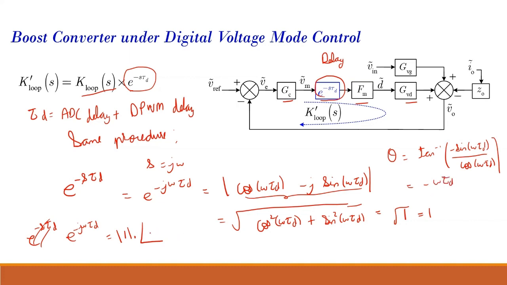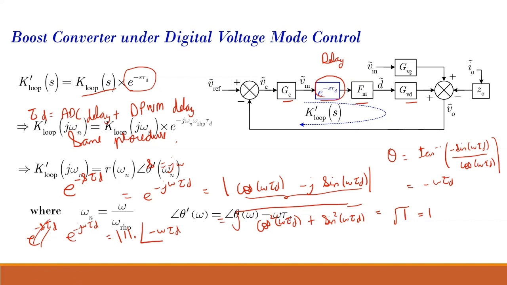So this is the phase, the angle: minus omega tau d. Any queries? So this is what we must incorporate in our loop transfer function.